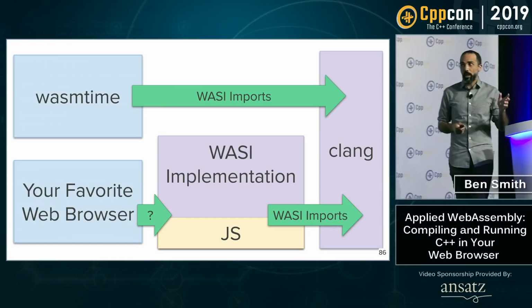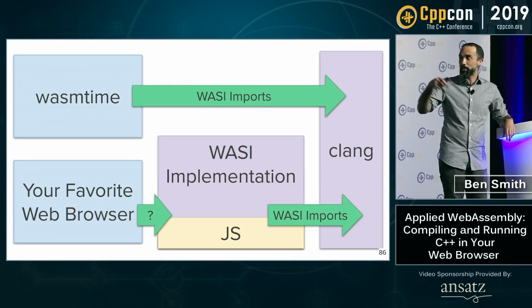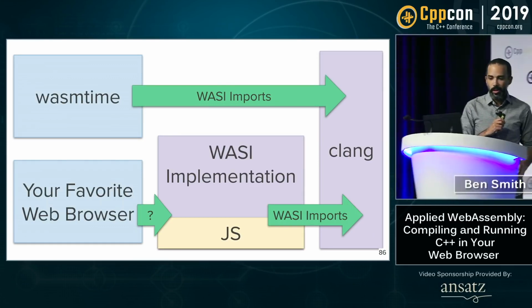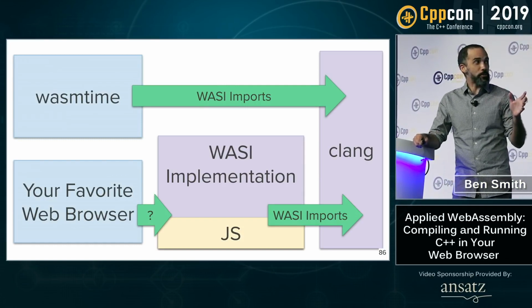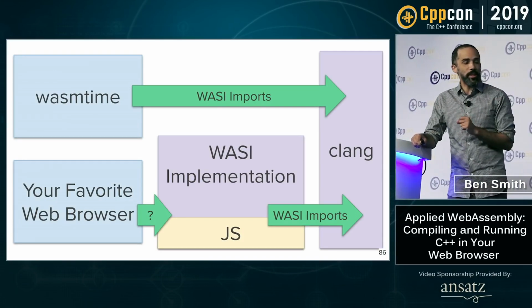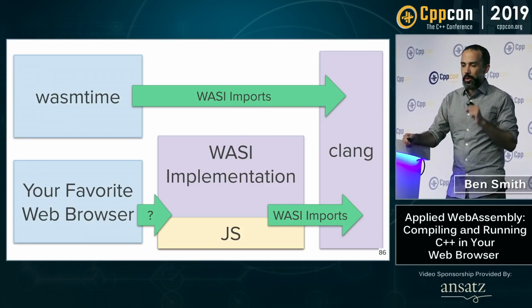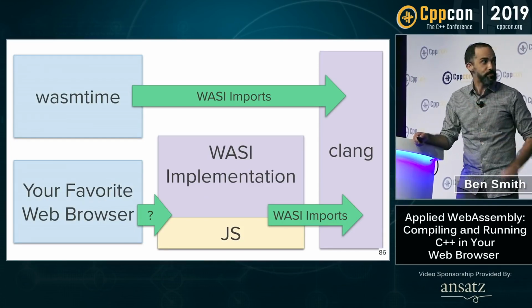But fortunately, we can write some amount of WebAssembly and JavaScript to be able to implement those imports and then run Clang. It turns out that WASI actually already has a polyfill for this. But because my job was not hard enough as it is, I decided to write my own in-memory file system to be able to implement WASI here so that I could run Clang in the browser.